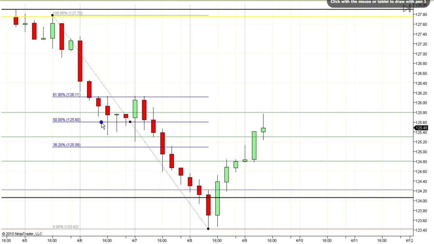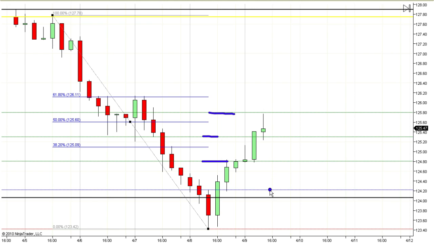The 50% you can obviously see there, and the 61%. Interestingly, the first target for me off this trade was at this green line. The second target would have been there, and third target on that line.